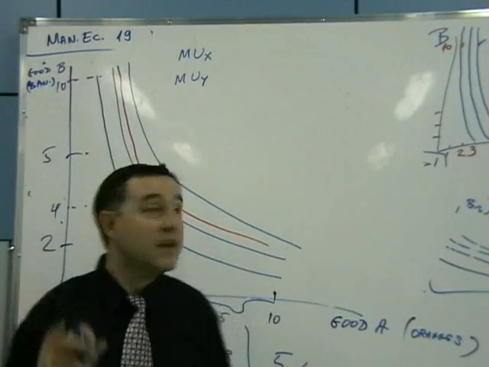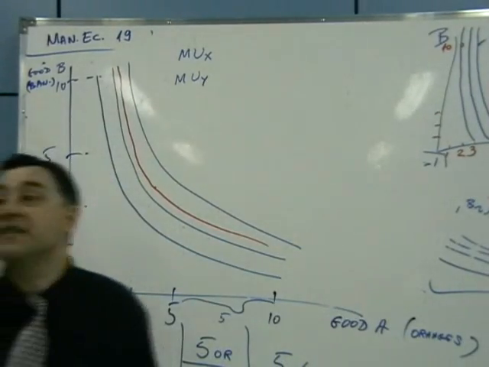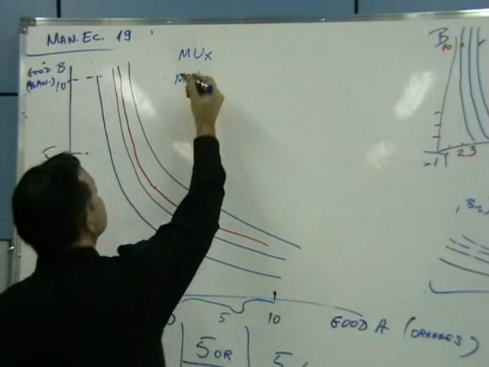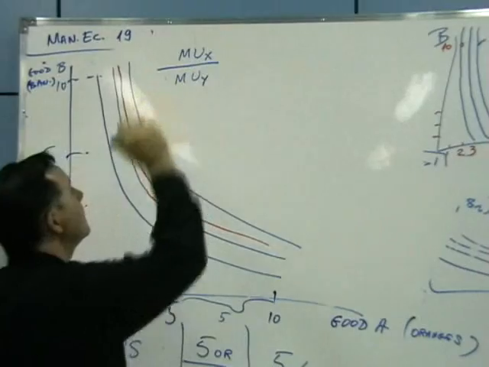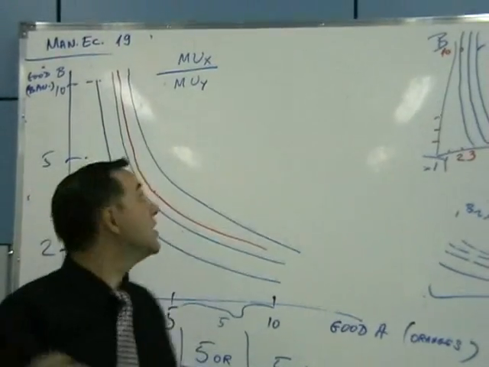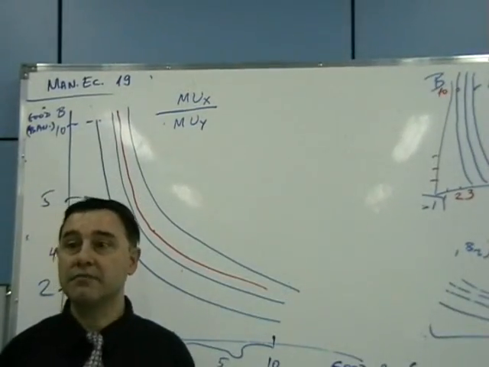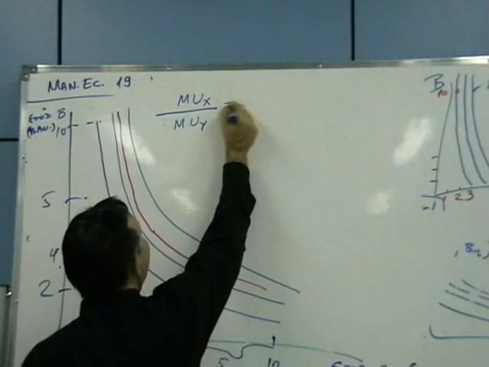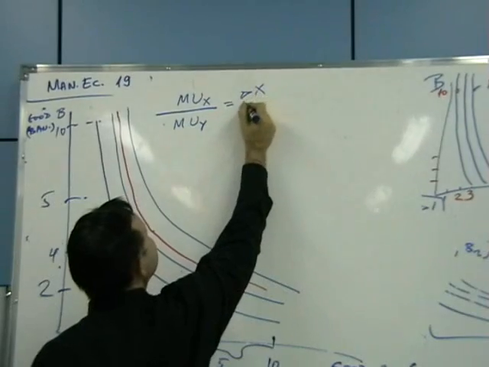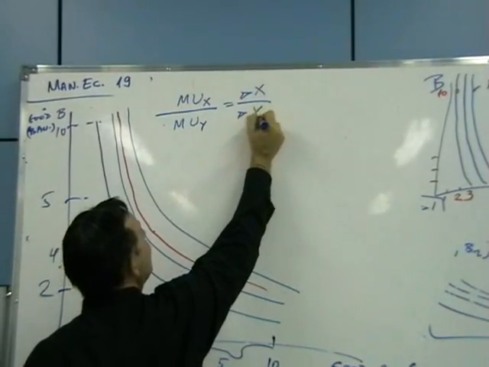Alright? So now we can take a ratio between those two, and let's see how I'm going to derive this. Marginal utility of X, marginal utility of Y. They use derivatives here. Marginal utility of X over marginal utility of Y is kind of like delta X divided by delta Y at that point.